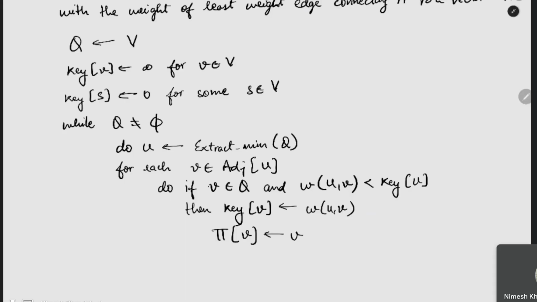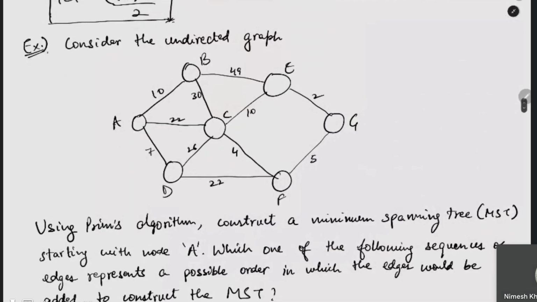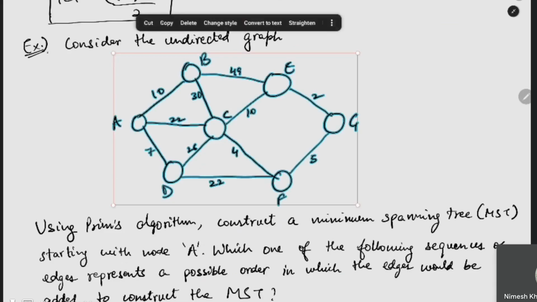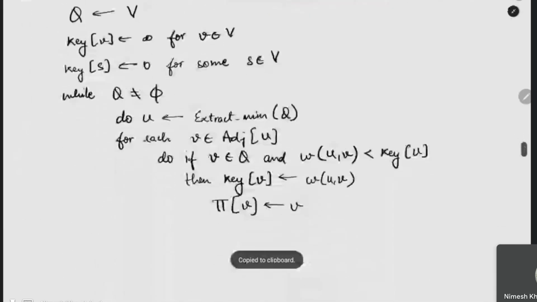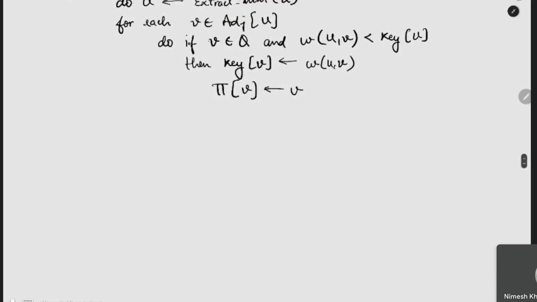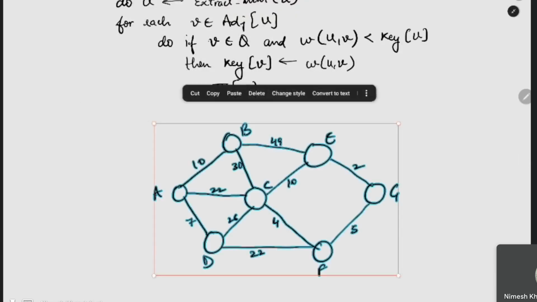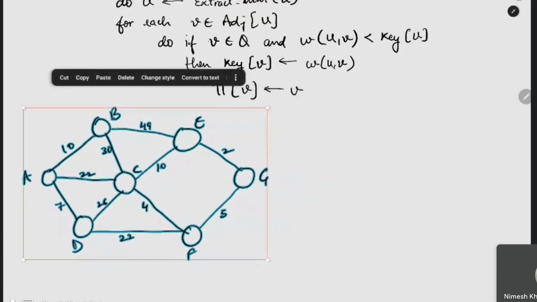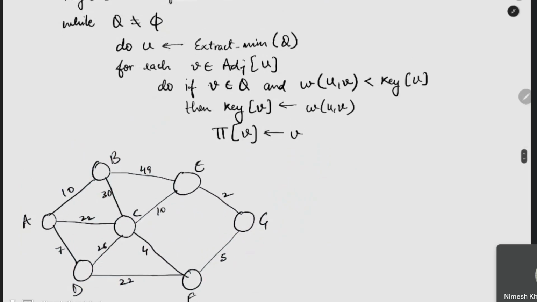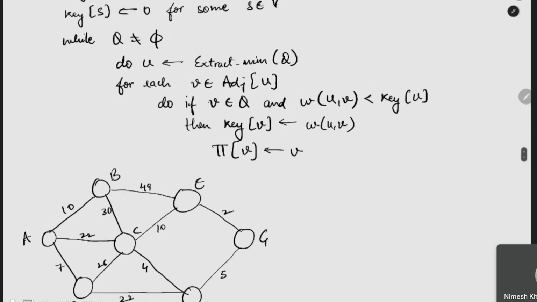Let us try to now do this procedure for this graph that we have been given here. I will try to make things concise and not make too many diagrams, so I'll try to keep everything in the same diagram.